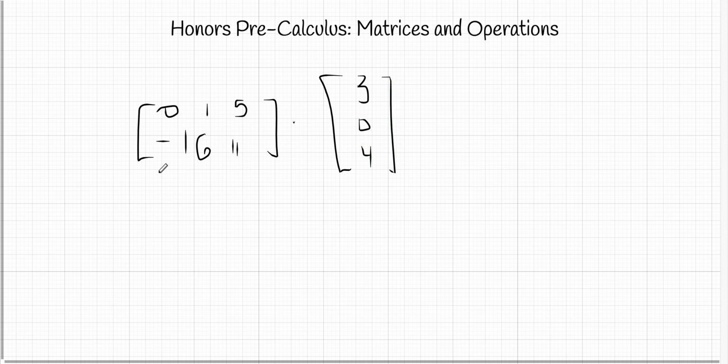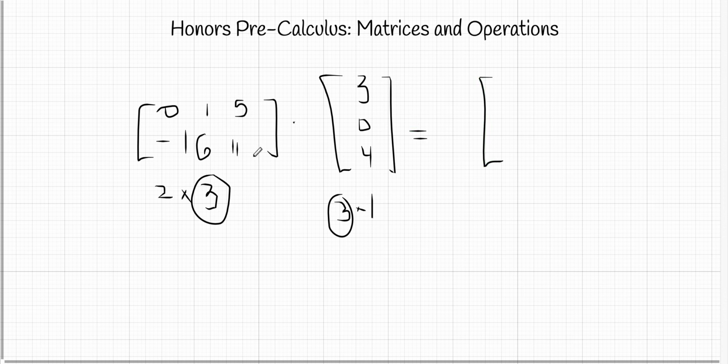I can actually multiply these because this is 2 rows by 3 columns. This is 3 rows by 1 column. So the pattern here is that the number of columns in the previous one should have the same number of rows as the next one. So 3 and 3 match, so you can multiply them. And the result is going to be a 2 by 1 matrix. So the inners have to match, and the outers would be the dimensions of the result.